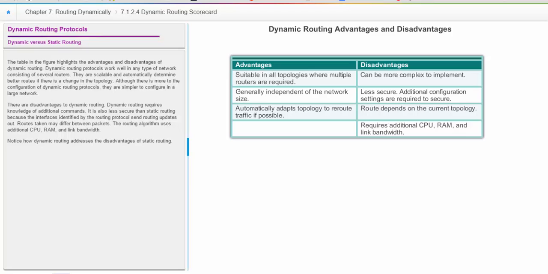It automatically adapts topology to reroute traffic if possible. However, it does have disadvantages. It can be more complex to implement. It's less secure. Additional configuration settings are required to secure it. The route depends on the current topology, and it requires additional CPU, RAM, and link bandwidth.